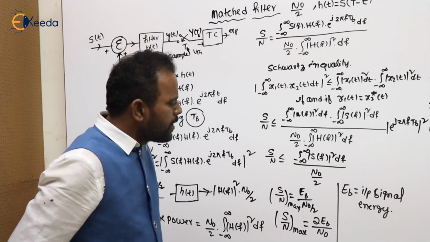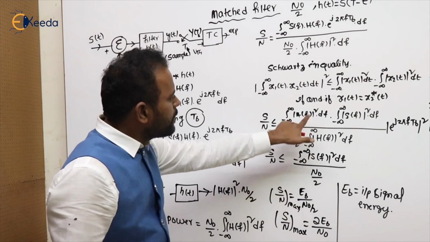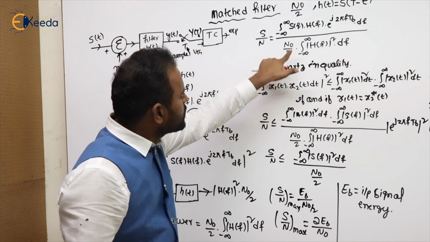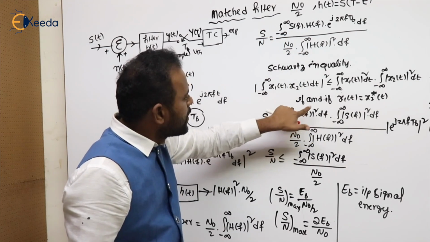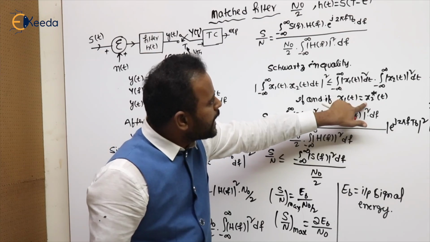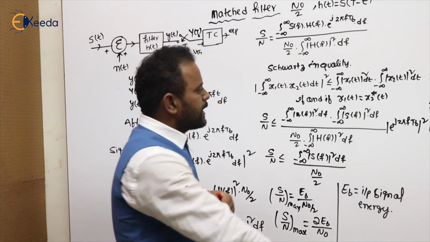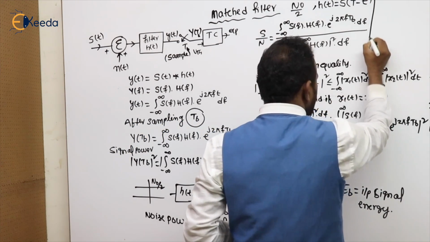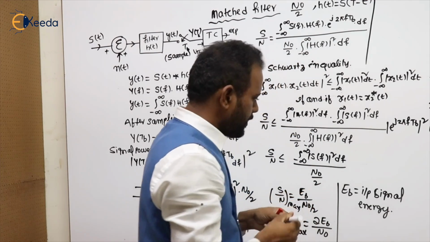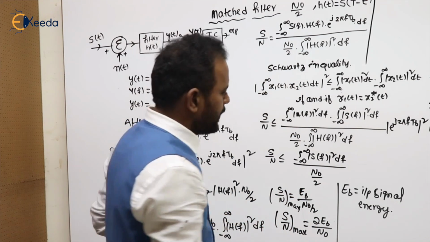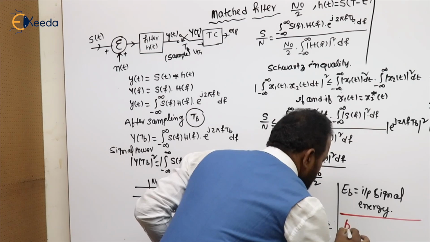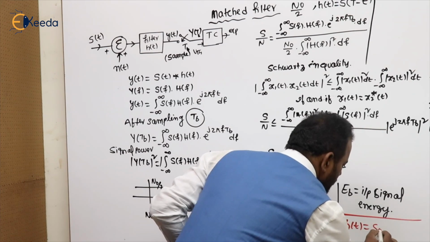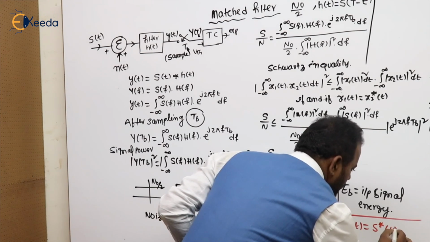Now, when will S by N be equal to this maximum value? If and only if this condition is obeyed, that is h(t) is equal to s conjugate of t.